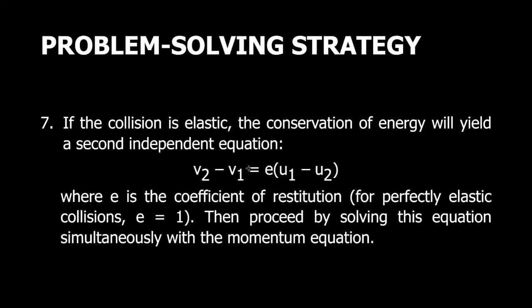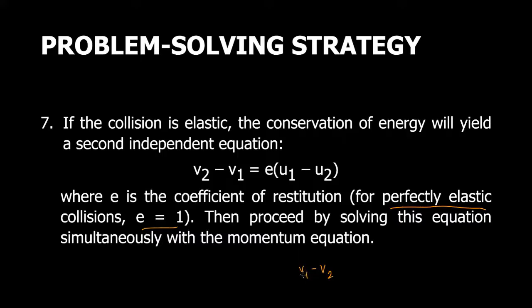So, that's V sub 2 minus V sub 1 equals E times U sub 1 minus U sub 2. Whatever the coefficient of restitution is, that will be your constant for this equation. If your collision is perfectly elastic, then E is equal to 1.